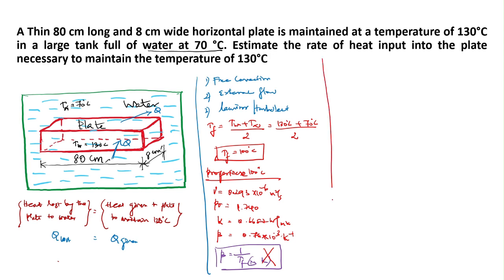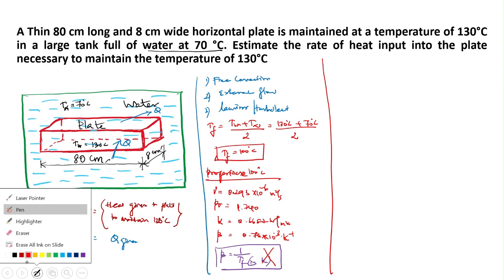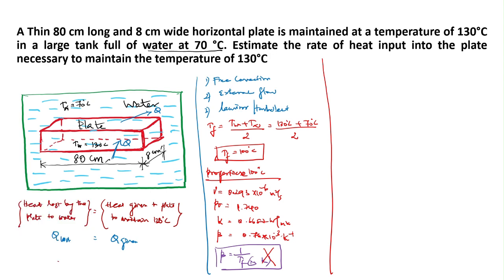Okay. So after finding the properties, you are going to find whether the flow is laminar or turbulent. For this, we need the Grashof number. So what is the Grashof number?